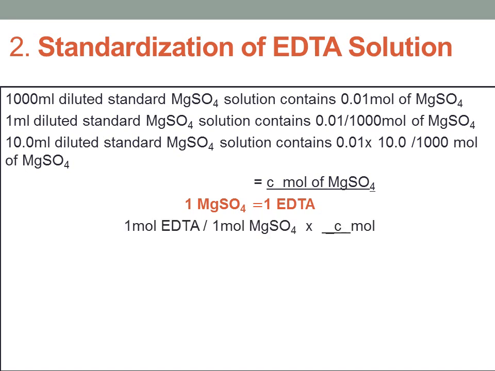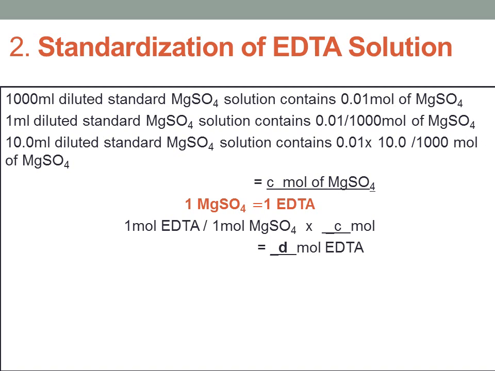So 1 mole of EDTA divided by 1 mole of magnesium sulfate and multiplied by C mole of magnesium sulfate, you will get D mole of EDTA.